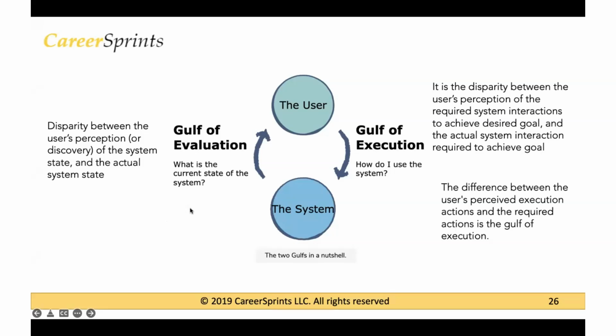Let's say you are driving a car. And let's say you have just moved from a manual to an automatic car. Now when you're moving from a manual to an automatic car, you probably don't know that you don't have to use a clutch.